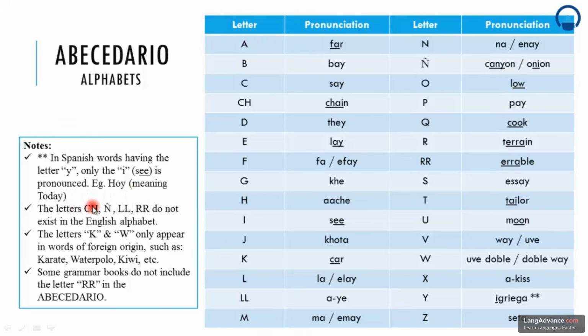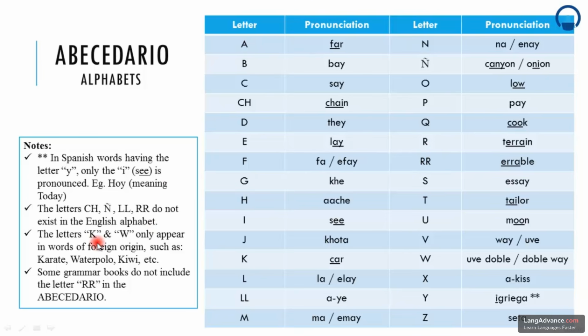Next point, there are 4 extra alphabets in the Spanish abecedario that do not exist in the English alphabet series. Those 4 alphabets are CH, N with a tilde, double L, and double R. In some grammar books, this double R letter will be excluded.